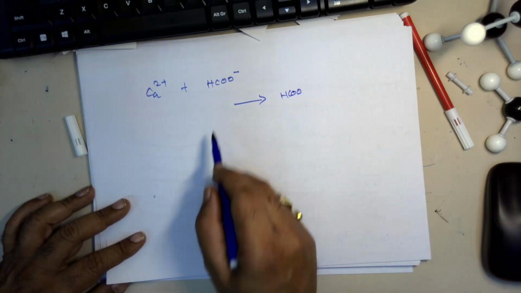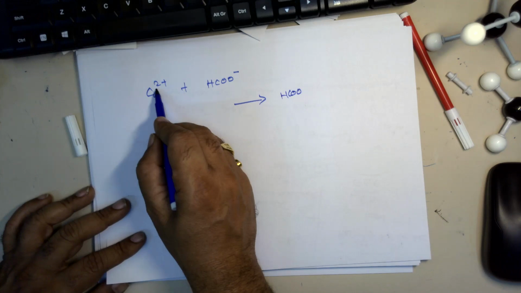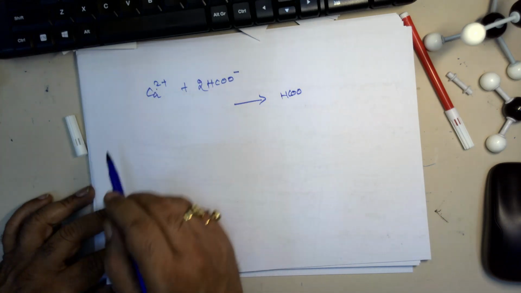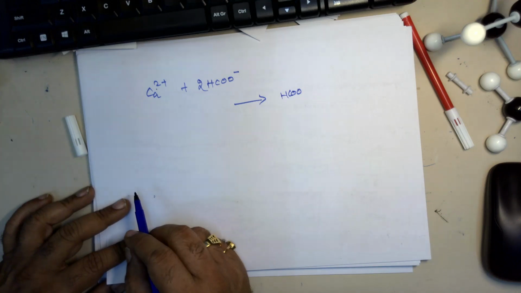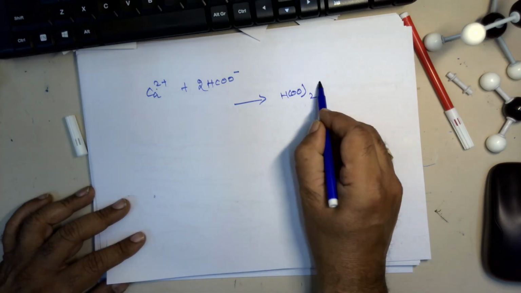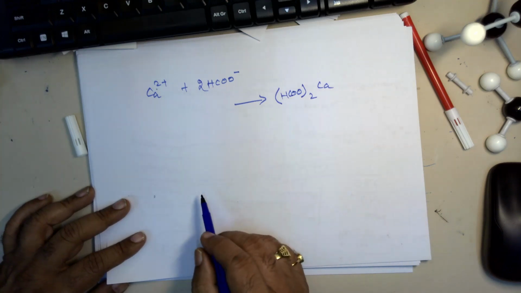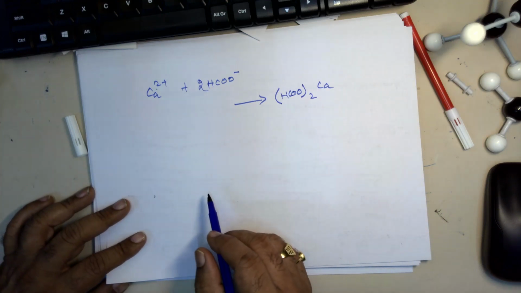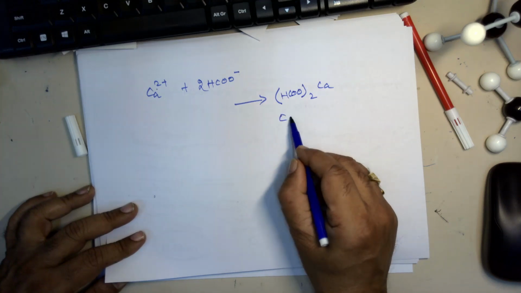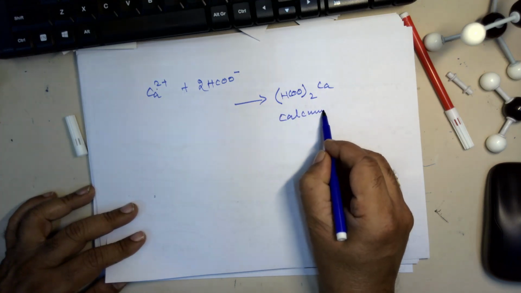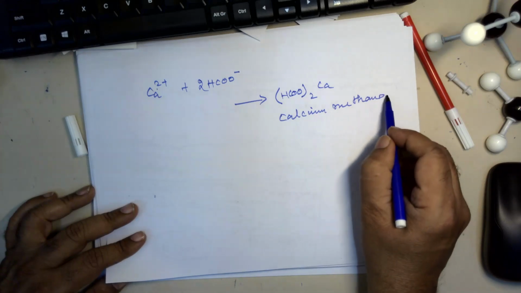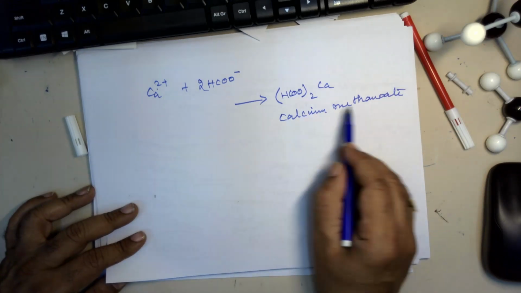Not HCOOCa, because this is single minus, this is 2 plus. You have to multiply this because there should be electrical neutrality, right? So you should write HCOO twice, then Ca. So this is called calcium methanoate. Write down calcium methanoate.